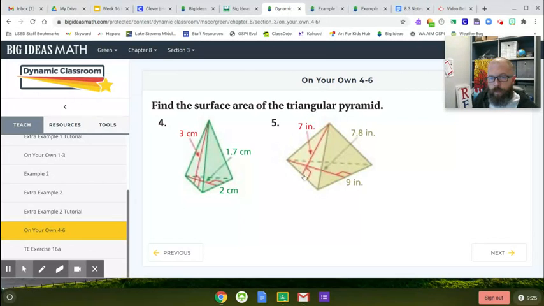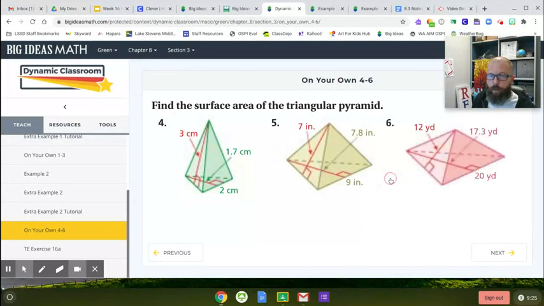Then the triangles on the sides would be 9 times 7, which is 42, divided by 2, which is 21. So each side is 21, and we have 3 of those. So 35.1 plus 21 plus 21 plus 21, and I got 98.1.